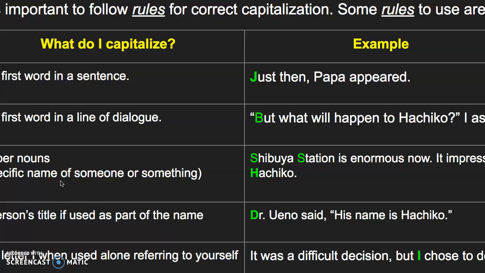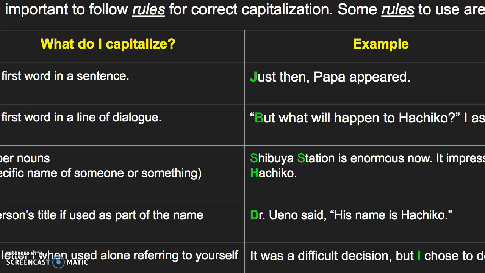So it's more specific. In this example, I highlighted the S and the S for Shibuya Station because those are proper nouns. It's the specific name of the station. Shibuya Station is enormous now. It impressed Hachiko. I also capitalized the H in Hachiko because it's a proper noun. It's the name of the dog.